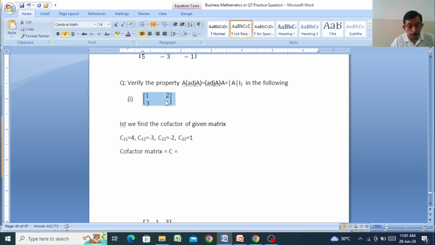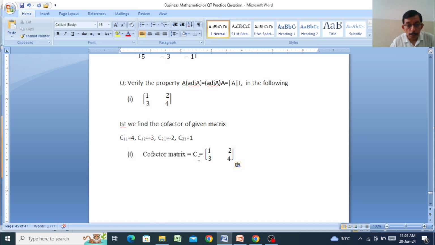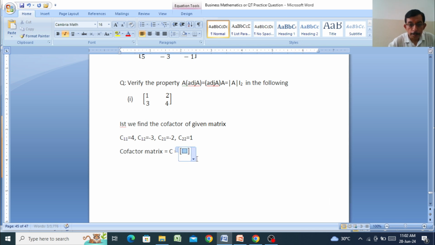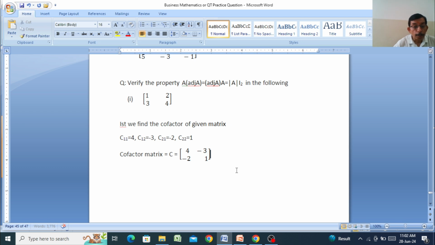Note down the value of the cofactor matrix: first element is 4, second element is minus 3, second row, first column element is minus 2, the last element is 1. This is the cofactor matrix C.